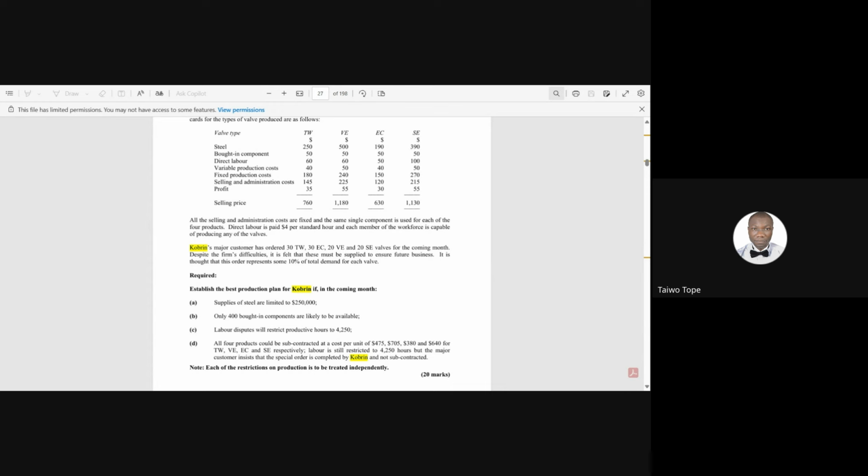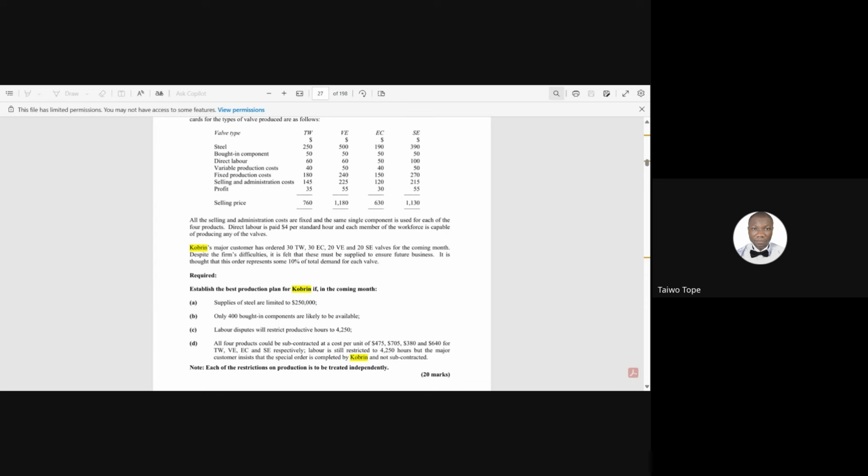So the point now is, what is the contribution if Cobrin produces, and what is the contribution if Cobrin subcontracts? We need to determine both, then look for the difference, which gives the extra contribution if made.